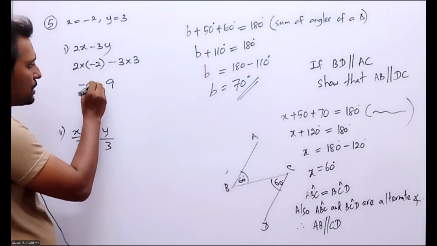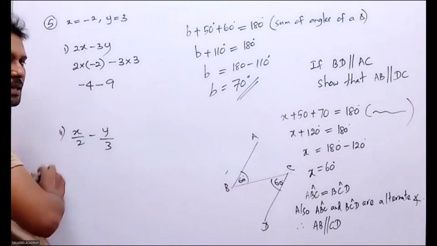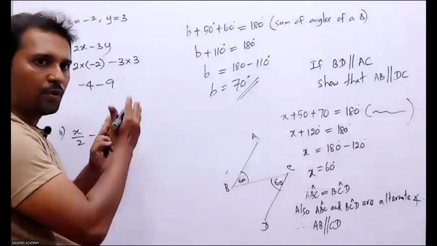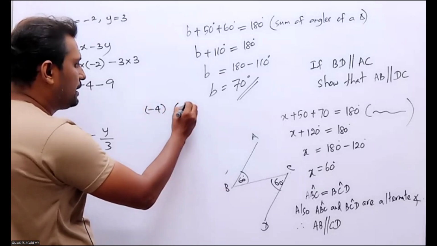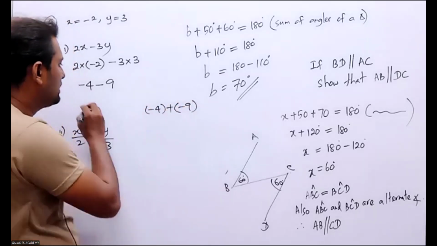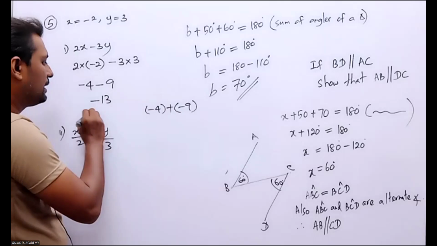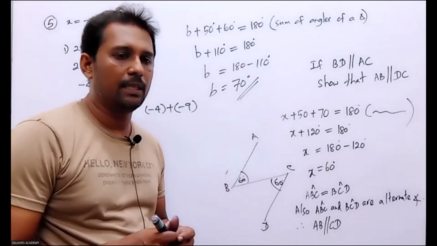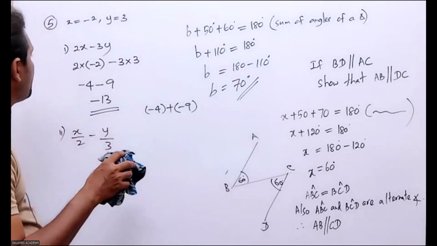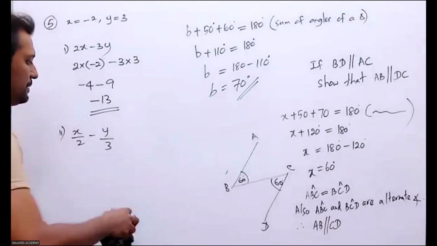Negative multiply positive, negative. Right, so what is the answer? -4, -9 addition. What is the answer? -13. Right, -13. It is the first part of the fifth question.